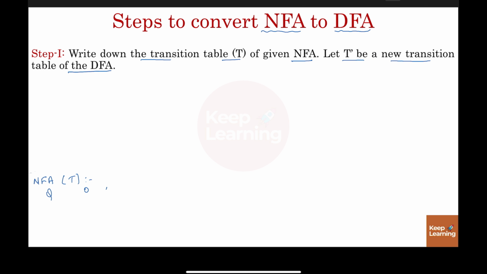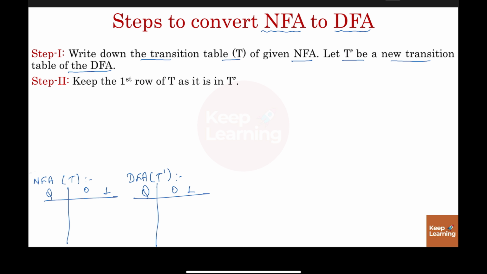Let's suppose the input alphabets are 0 and 1. Similarly for T dash, we will define the set of states and the input alphabets. Keep the first row of T as it is in T dash. So we will copy this first row from T to T dash.